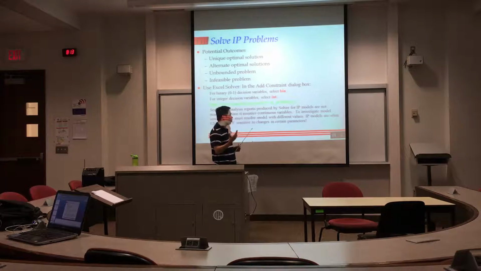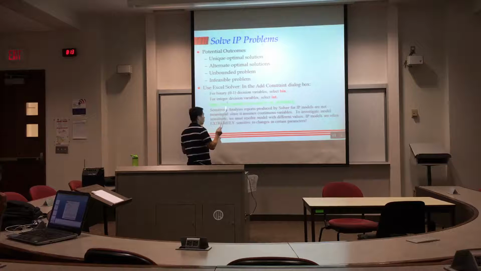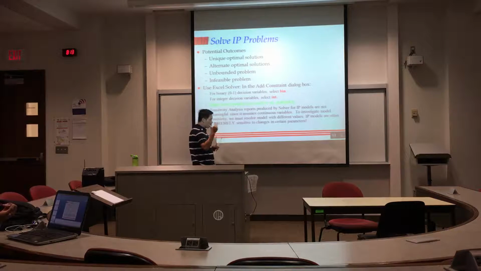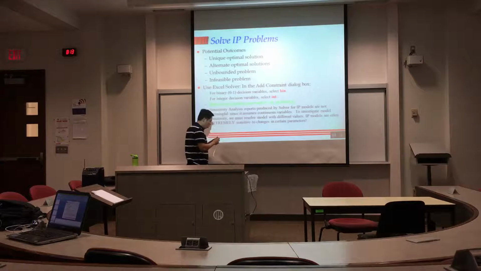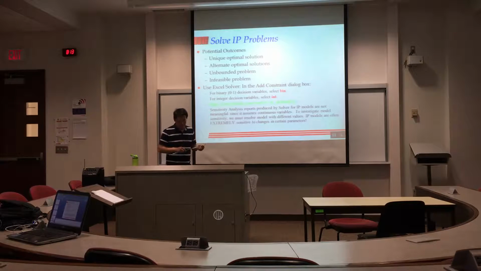If you want a certain variable to be an integer, you can select int, which stands for integers. The YouTube video tells you how to do that in Excel solver, but again, it's very similar to what we did before.